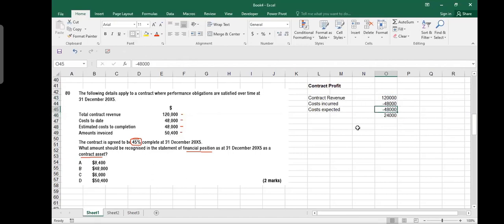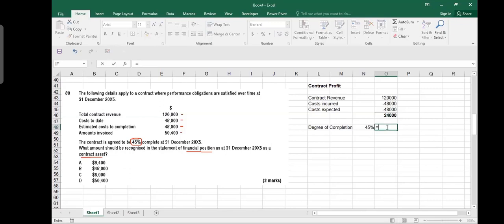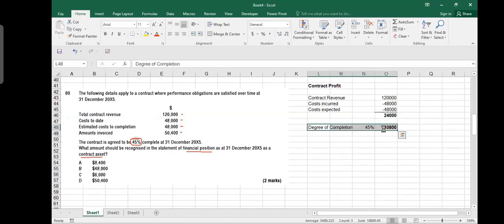So this is your expected profit of the contract, which is 24,000, and you say degree of completion, which is 45%. So it means that 45% of the profit can be recognized, which is 10,800 profit you can recognize.